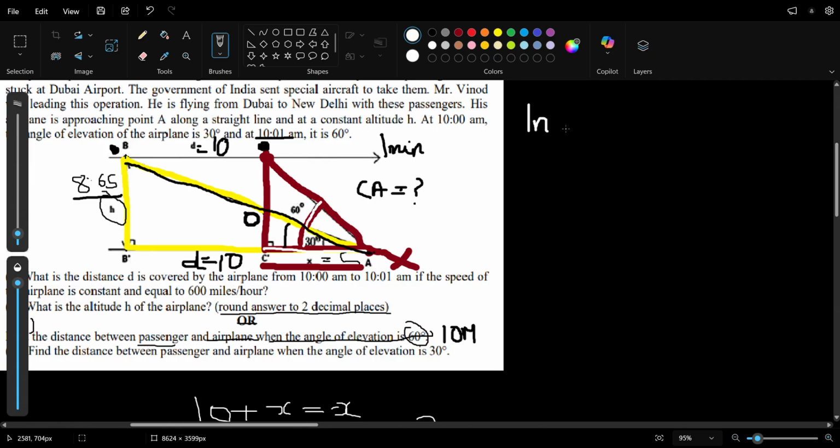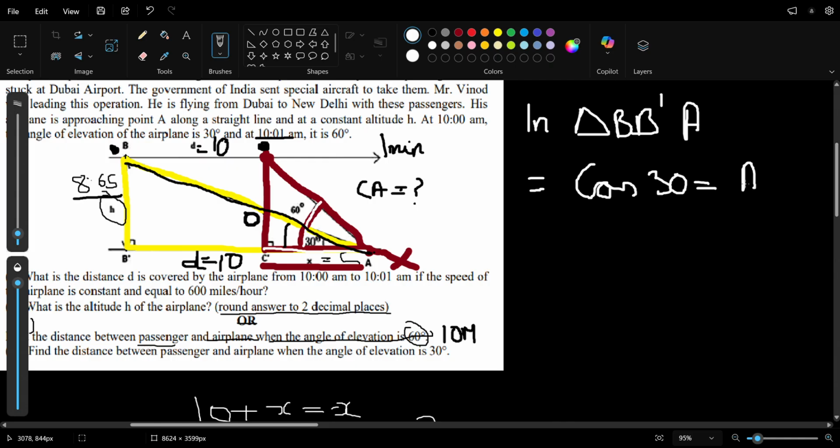Okay. In triangle B, B dash, and A, BB dash A. Now we have 30 degrees supposed to calculate, and we can find as cos. Cos 30 is equal to adjacent by hypotenuse.